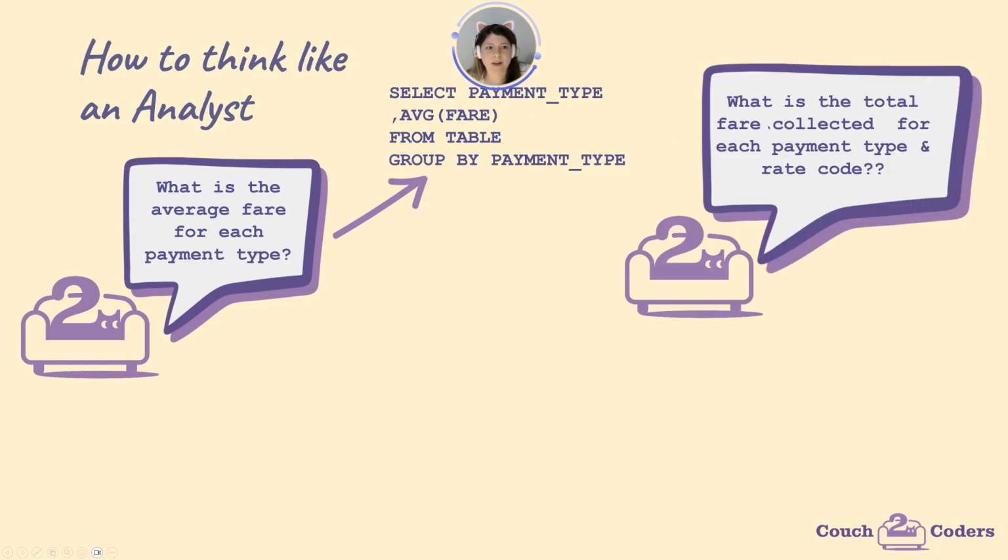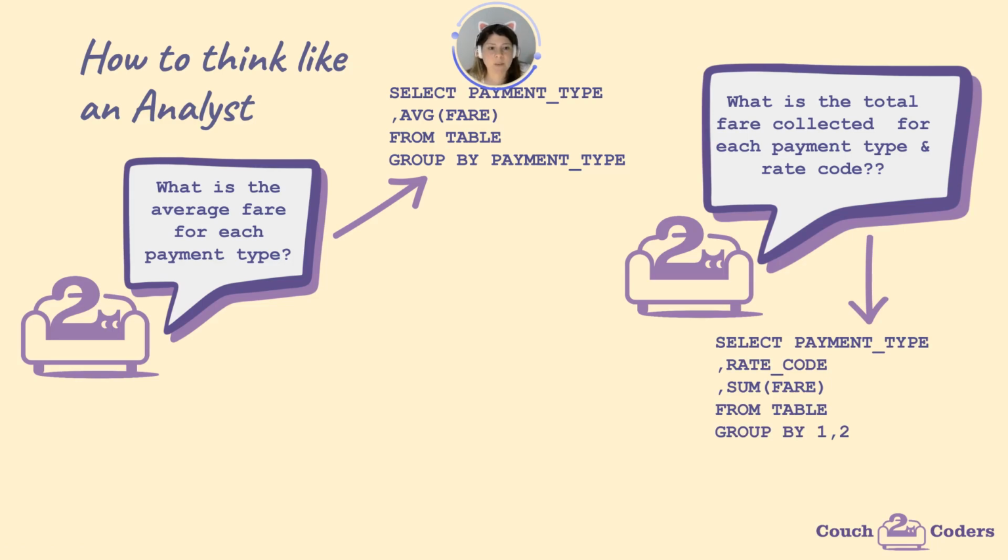What is the total fare collected for each payment type and rate code? Same thing. Think about what you're going to aggregate, what you're going to group by, sketch out what your query would look like, and then we'll come back and review the answer. So for this one, we know that the total fare collected, that's going to be what we're aggregating. We want a total, so we're going to do sum of our fare for each payment type and rate code.